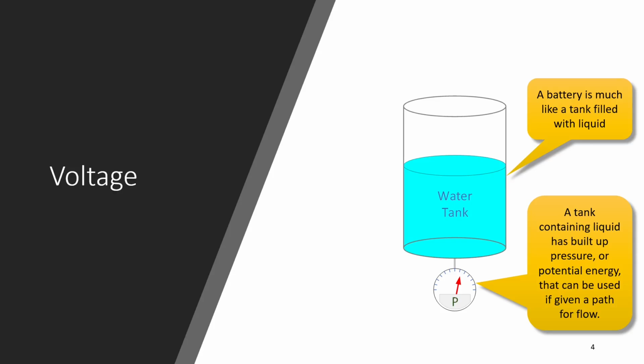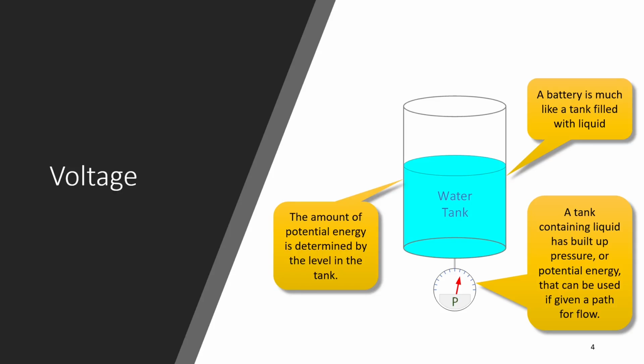Water towers in municipalities have the water in a tank way up in the air, and they do that on purpose because it's pressurized due to gravity, and when they open a valve, it's going to distribute that water throughout the township. So that potential energy can be used as long as we give it some sort of path to flow.